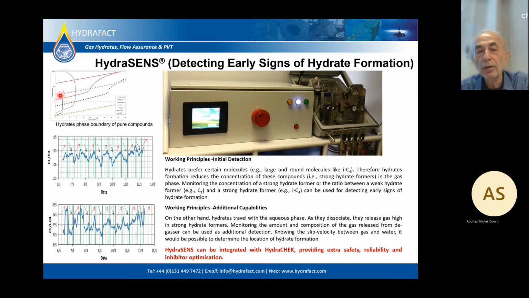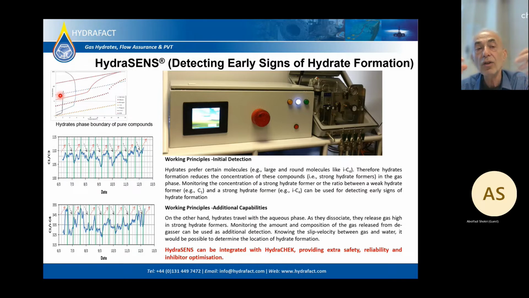So when hydrates form, you expect to have more IC4 and propane in the gas trapped in hydrate compared to methane. So you see that the composition of the gas trapped in the hydrate is different from the composition of the gas in the gas phase.